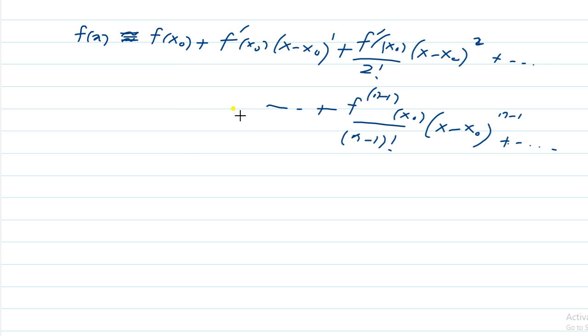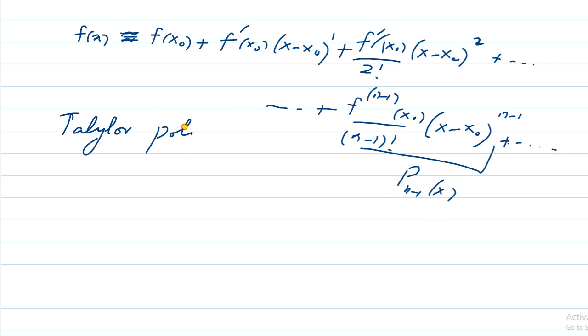So this is the Taylor polynomial. Okay, this is the Taylor series or Taylor polynomial. Up to here it is the Taylor polynomial P(n minus 1)(x). But if I go to infinity, we call it the Taylor series. Up to some power, if I stop here, it becomes a polynomial.